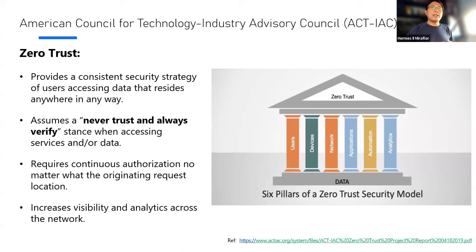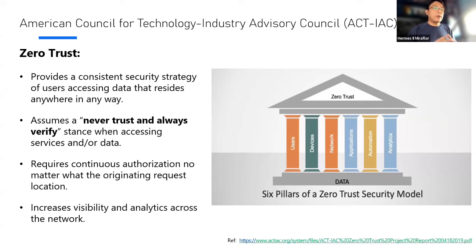Then we apply the same principles of zero trust, the principle of never trust and always verify across these 6 pillars whenever a user or whenever a device accesses a particular data. Also, they're advocating that zero trust requires continuous authorization, so that no matter where or when the request is originating, you're still able to verify the request, right?